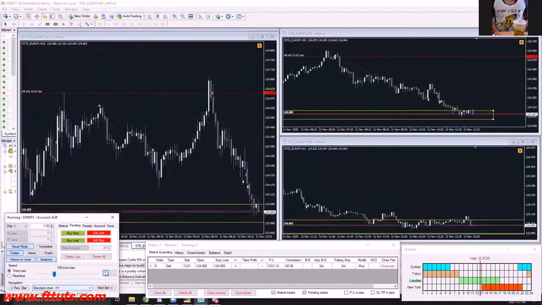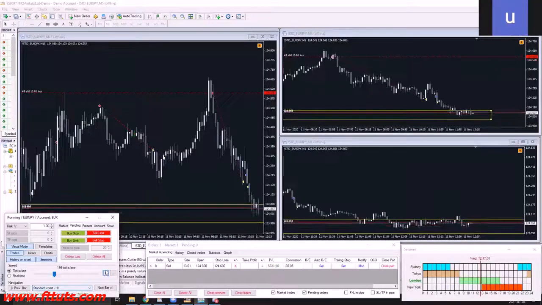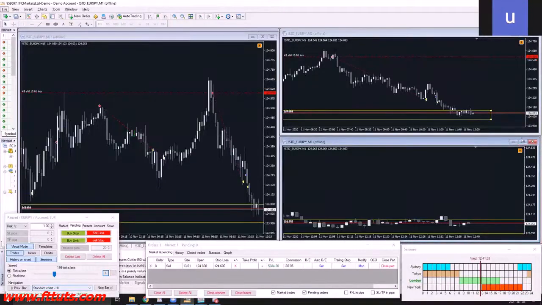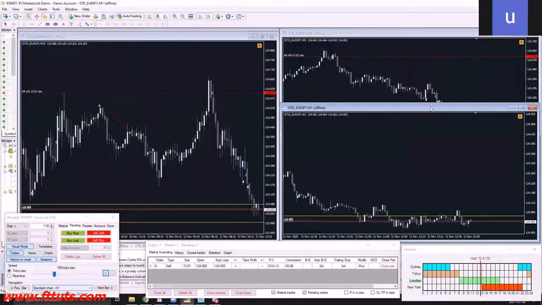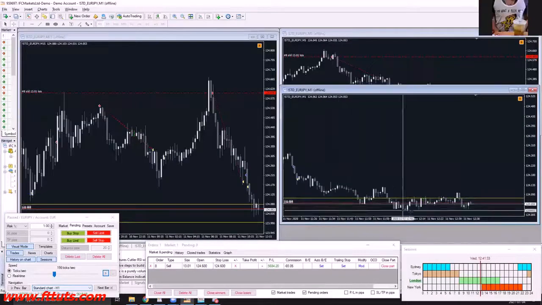Let's see, I would zoom into the 1 minute so you can see it a little better. Or not zoom in, but maximize it. It does look like it's building like a schematic here, right? Almost like pre-New York as well.